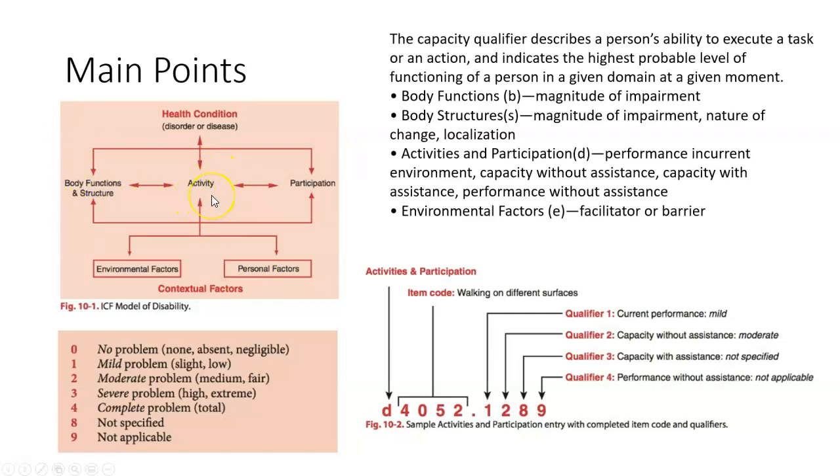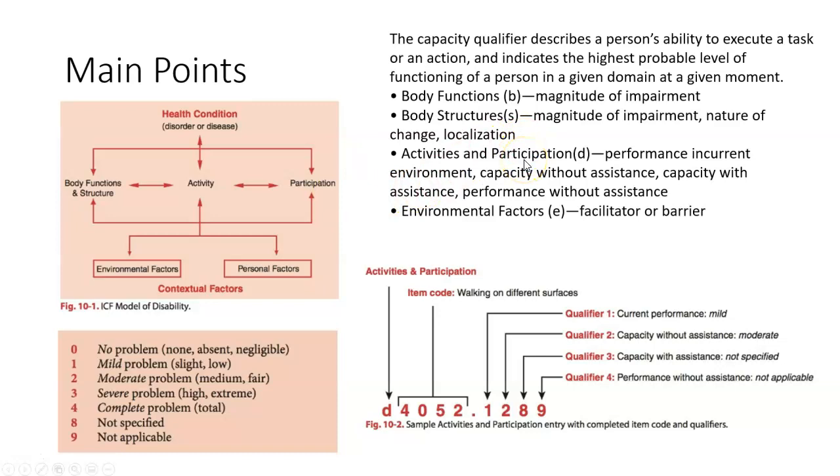Activity is the ability to do specific tasks, and then participation is how the inability to do that task might affect their life as a whole and their interaction with greater populations, like their role in the family or in society or in the workplace.